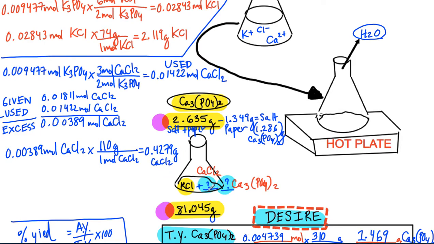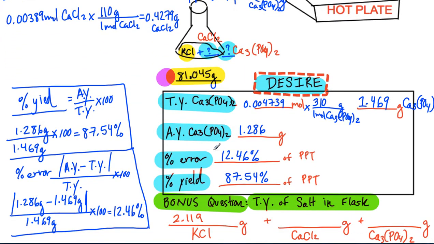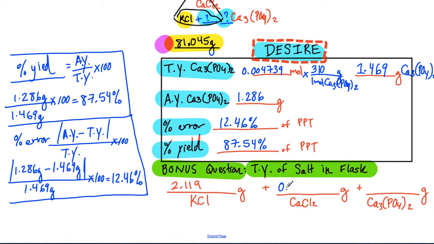So we put that 0.4279 grams of my calcium chloride over here.